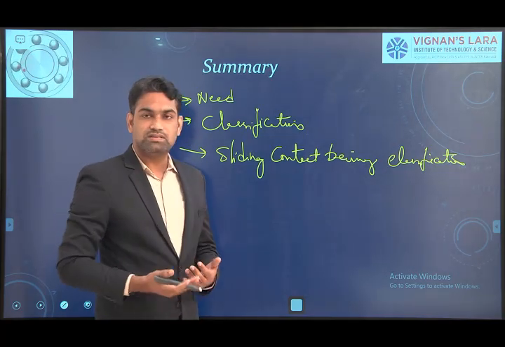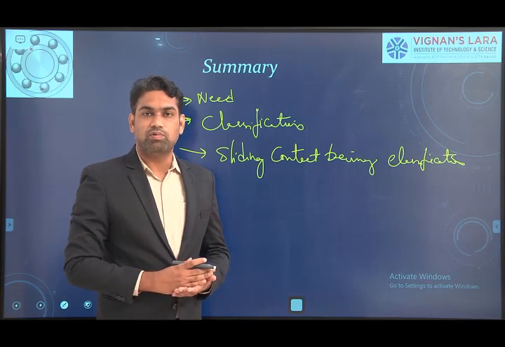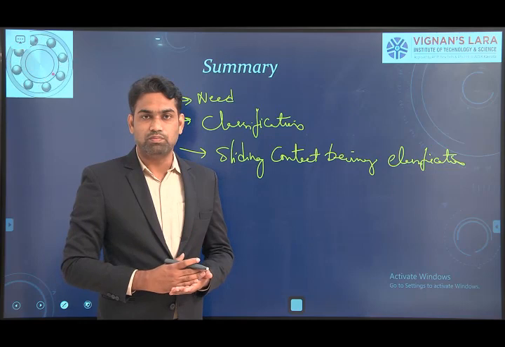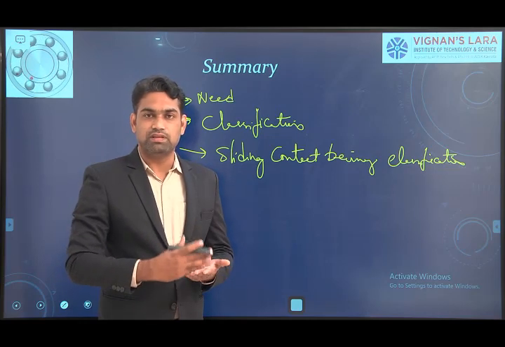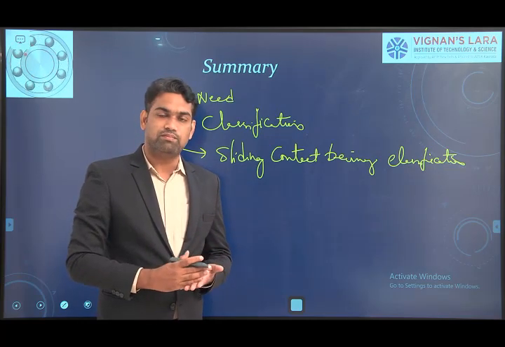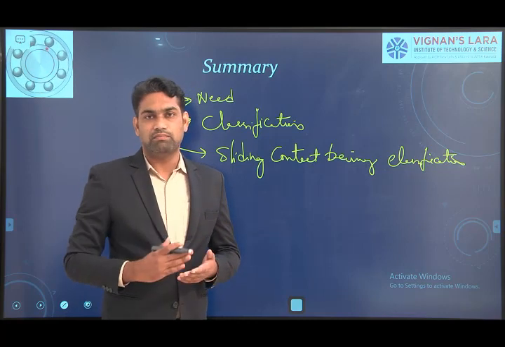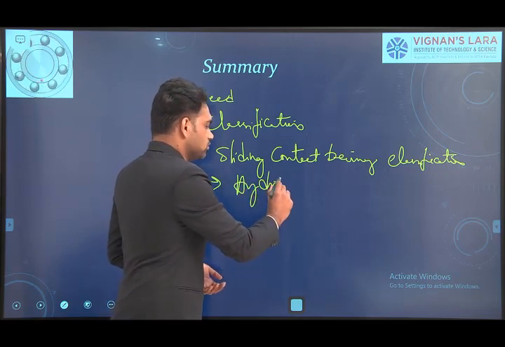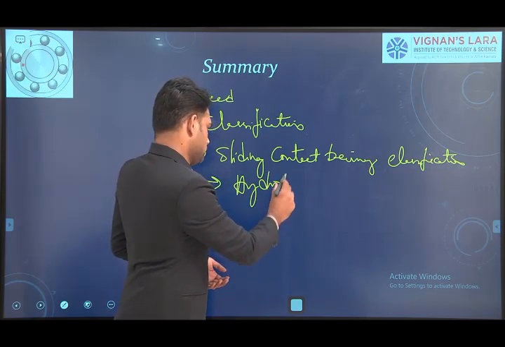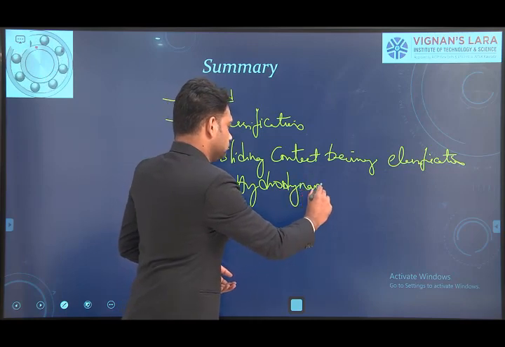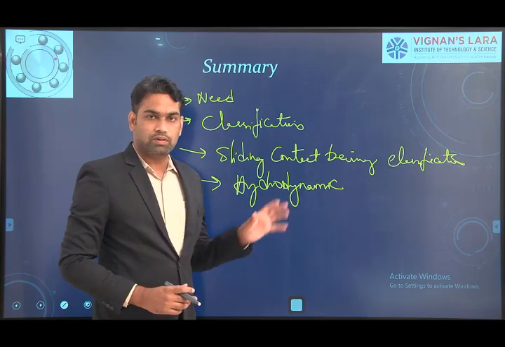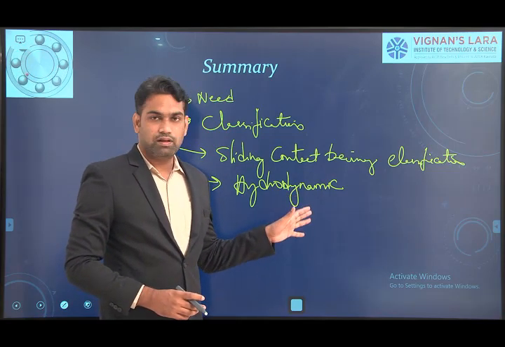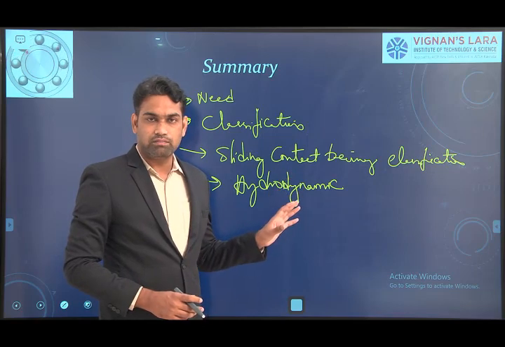Then the classification based upon the modes of lubrication: thick film, thin film and zero film. Thick film can be obtained by either hydrodynamic or hydrostatic means. But as per our syllabus, we need to keenly observe the hydrodynamic type, because the major contribution in the syllabus is hydrodynamic bearings.